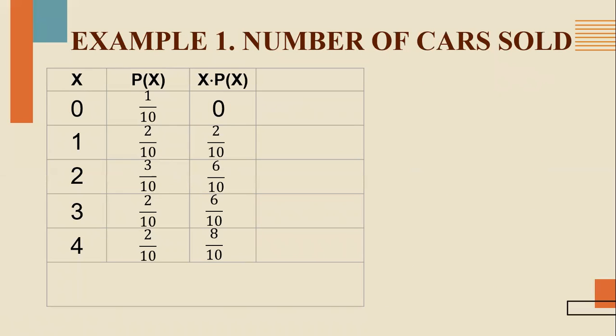So we will use the example a while ago, which is the number of cars sold. So we already solved for its mean, which is 2.2. Okay, so now we will have the next step. For the next step, we will multiply the square of x and then p of x. So first, we need to square our first column before multiplying it to the probability.